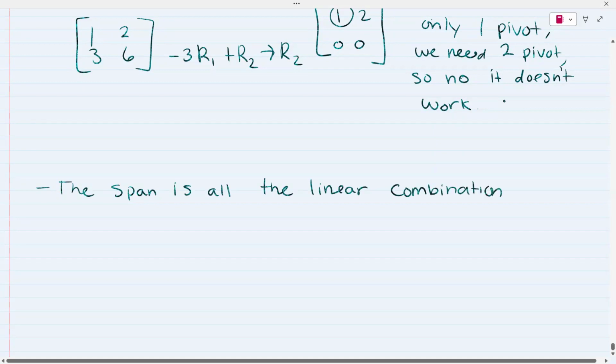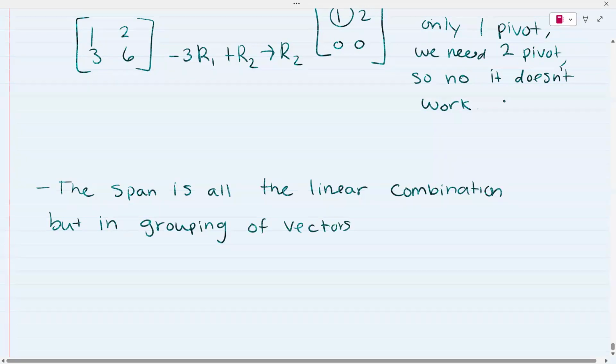But in a grouping of vectors, we don't want any combination.